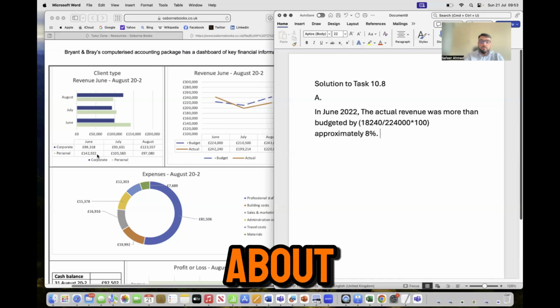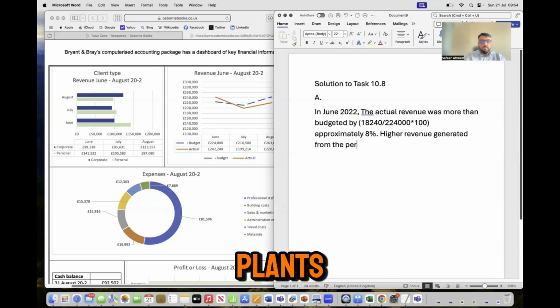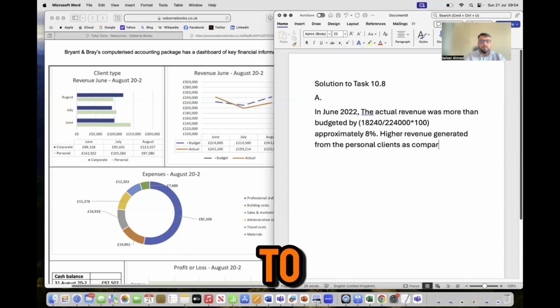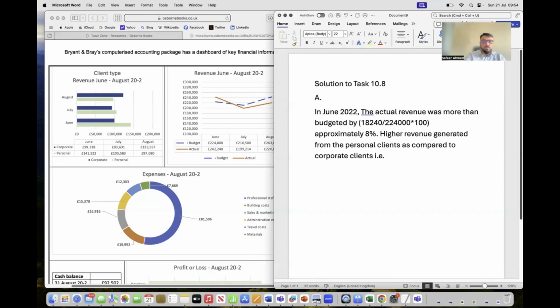If you think about how much of this was generated from the personal clients, you can say that higher revenue was generated from the personal clients as compared to corporate clients. And you can write that in terms of percentage as well. Again, you can do the calculation.